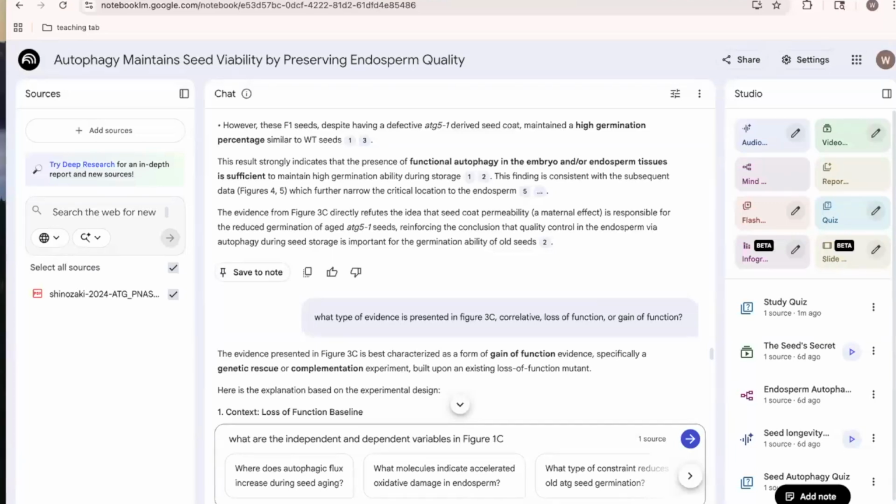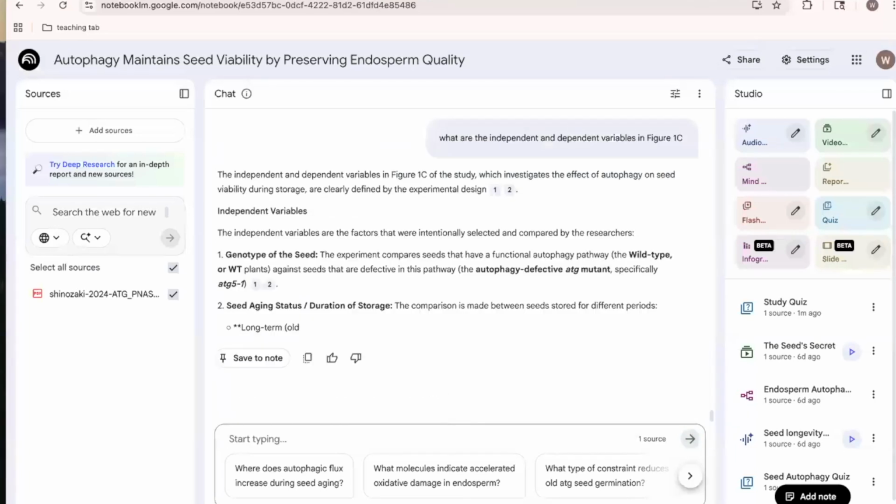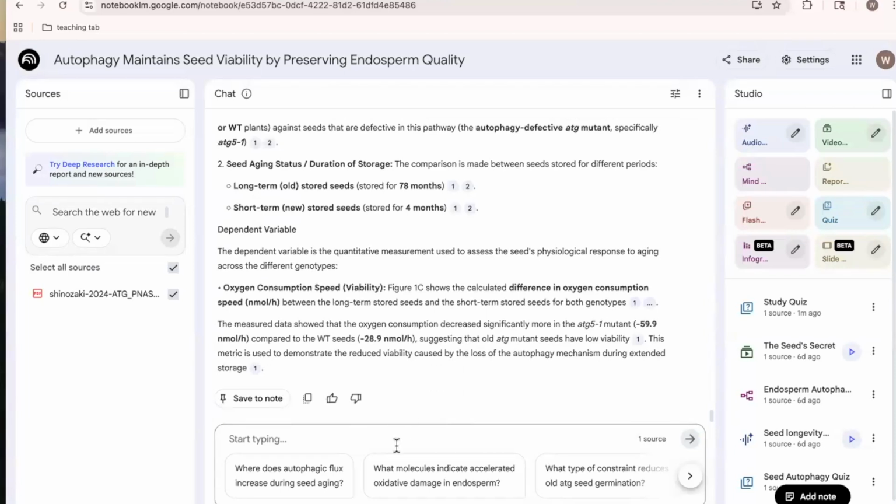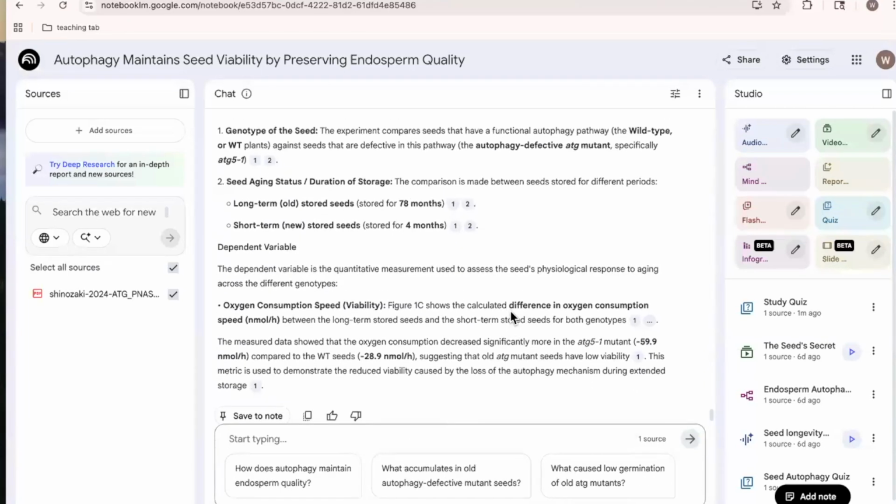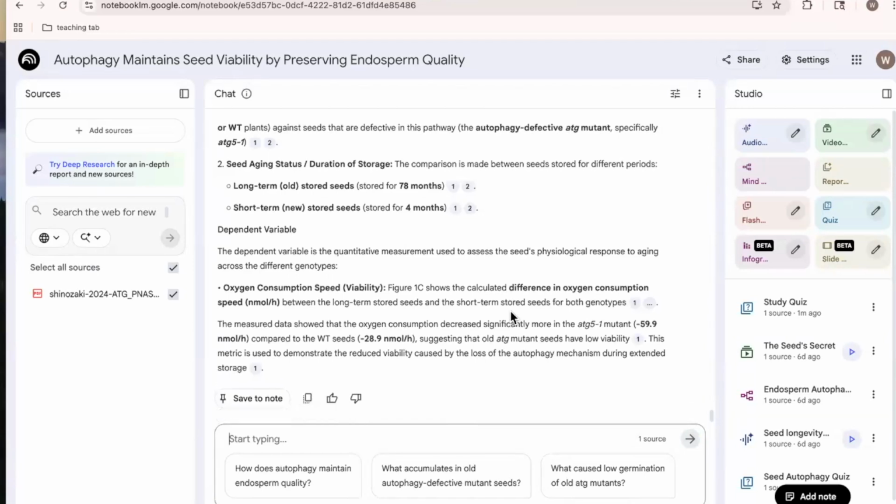I'm just going to say 1C, right? Then it's going to identify the genotype as an independent variable, and also storage duration as an independent variable, and then oxygen consumption as the dependent variable. If you ask it to explain this figure, it will also do a pretty good job.